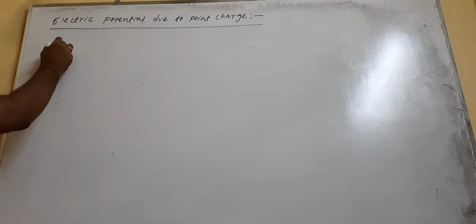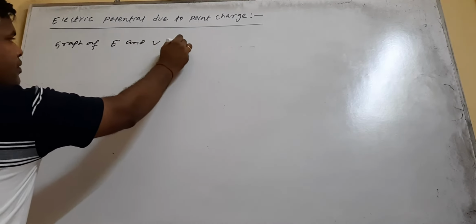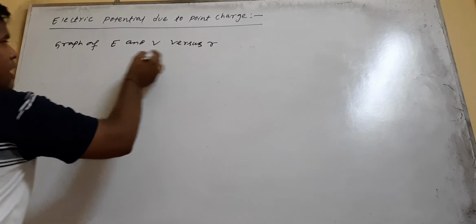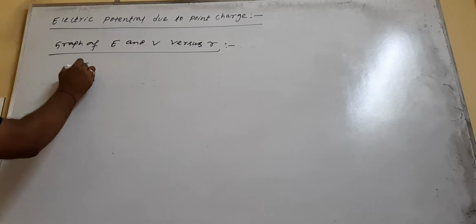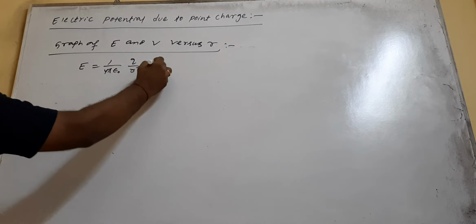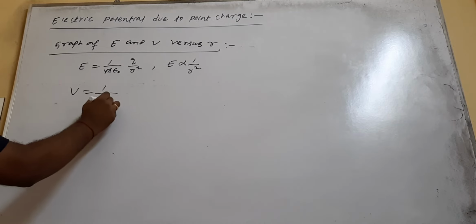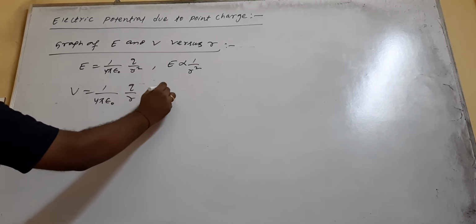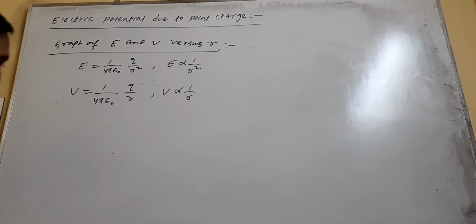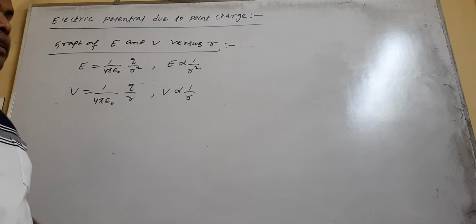Graph of E and V versus R. You know the electric field is 1 by 4 pi epsilon 0 Q by R square, that is E is inversely proportional to R square, and V is 1 by 4 pi epsilon 0 Q by R, that is V is inversely proportional to R. As here E is inversely proportional to R square, the slope of the electric field versus R graph will be more than the slope of the graph V versus R.